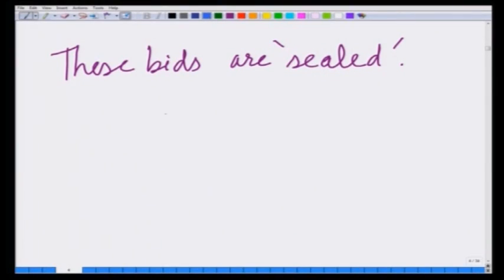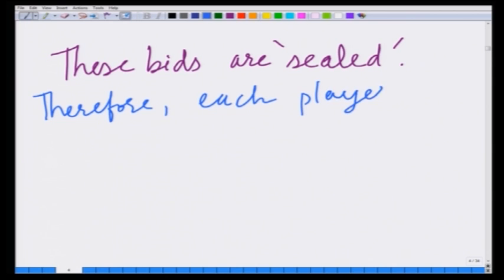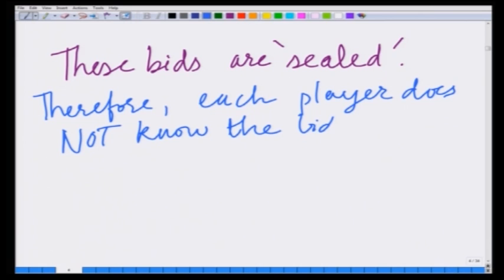Therefore, each player does not know the bid of the other player.